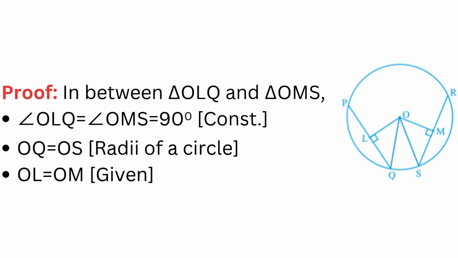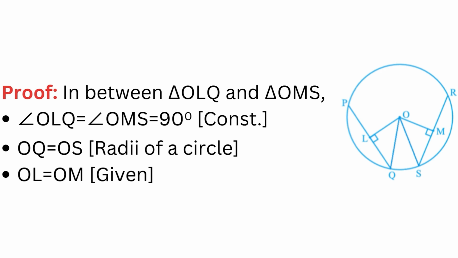Students, you observe both the triangles, triangle OLQ and triangle OMS. In triangle OLQ and triangle OMS, angle OLQ equals angle OMS equals 90 degrees according to the construction, and OQ equals OS, radii of a circle, and OL equals OM, given.